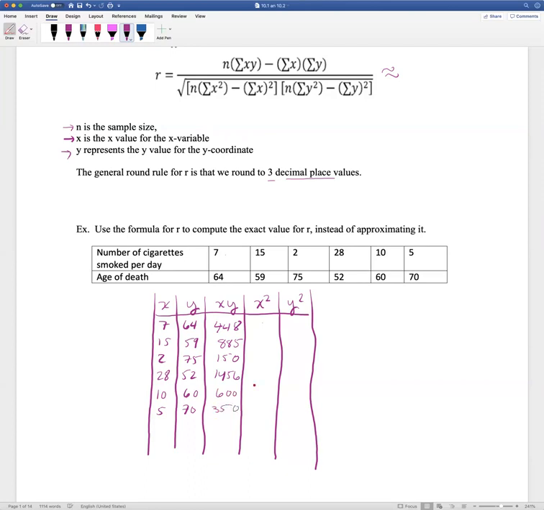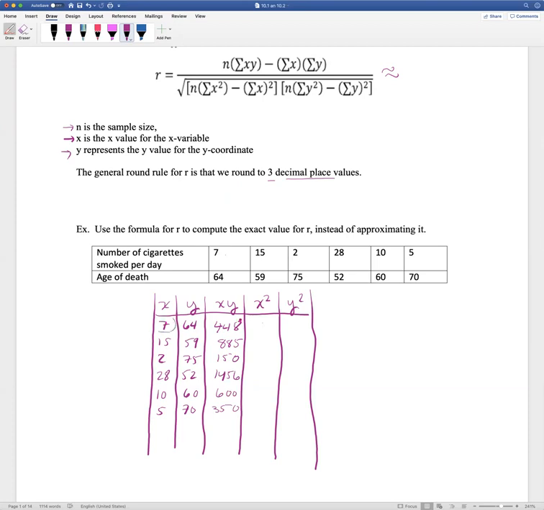Let me go back and double check to make sure I don't make any mistakes. 448, 15 times 59 is 885, 2 times 75 is 150, 28 times 52 is 1456, 10 times 60, and then 5 times 70. Good.